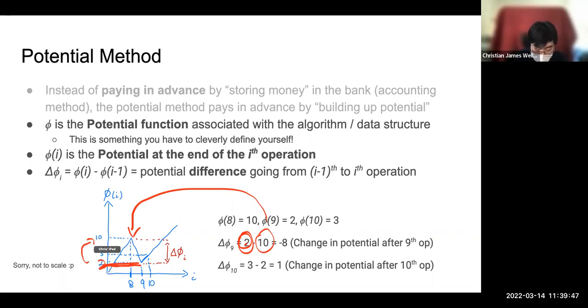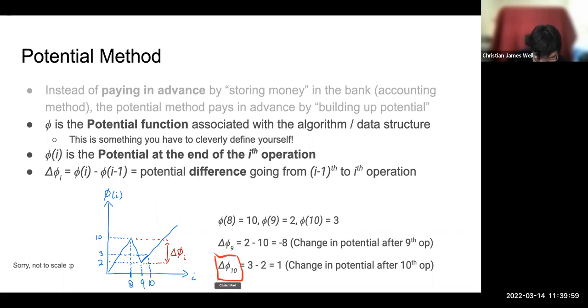So delta phi of 9 is -8, because it drops the potential by 8. Then delta phi of 10 is increasing the potential from 2 to 3, so this is +1. That's the potential difference. I want you again to distinguish: phi of i is the potential, delta phi of i is the potential difference. It's okay if everything is not so clear yet, like why are we doing all this notation?